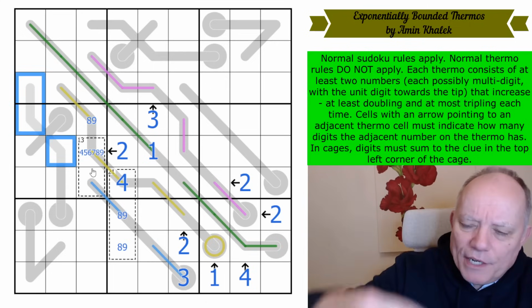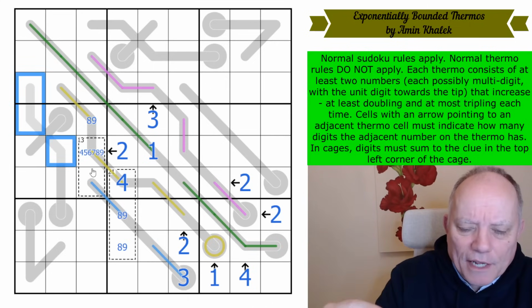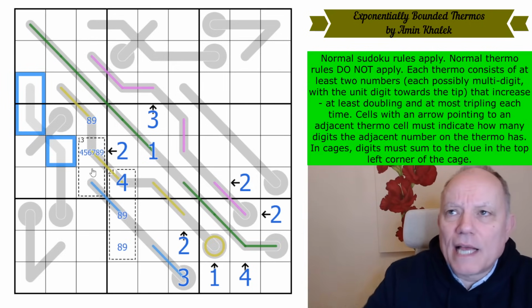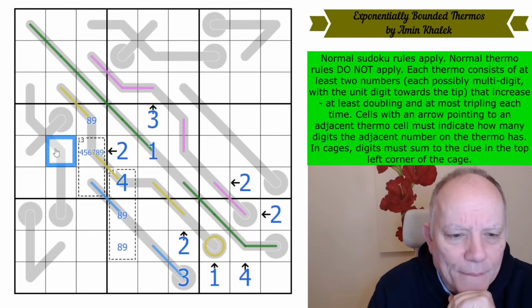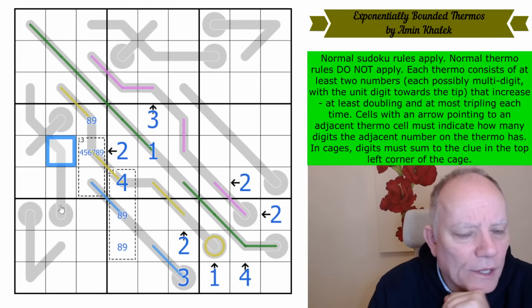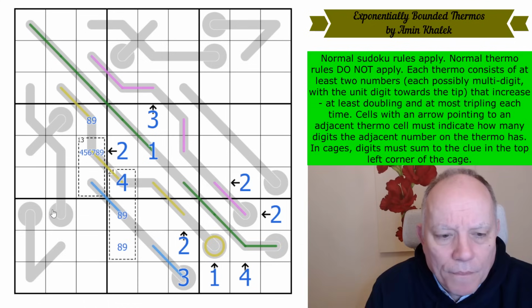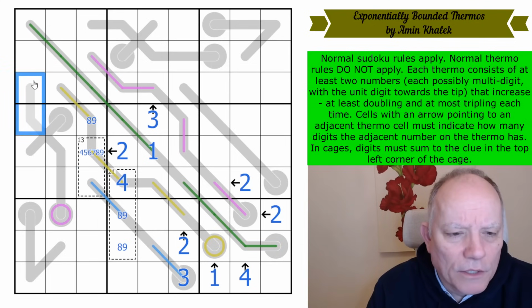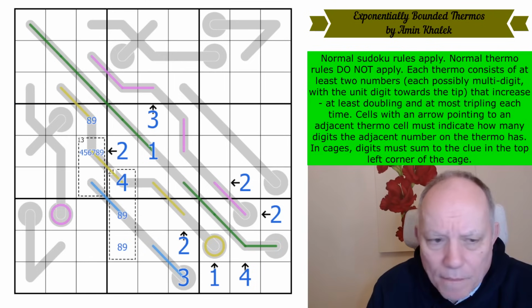Because what we've learned is when you jump up a length, using this rule of between doubling and tripling, the next length segment has to begin with a 1 or a 2. So this doesn't go 2, 3, because that can't be a 1 or a 2. So this does start with a 1. Now, I don't know whether it goes 1, 1, 1, 2, or 1, 2, 2. But it does finish with a 2, so I could mark that in.